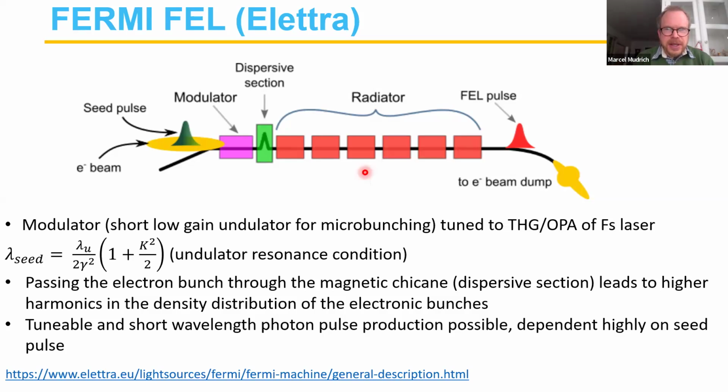Yes, the radiator always needs to be adjusted, even if it's a small step in photon energy, let's say half an eV. But that's not enough, because the whole lasing process is not started in the radiator.